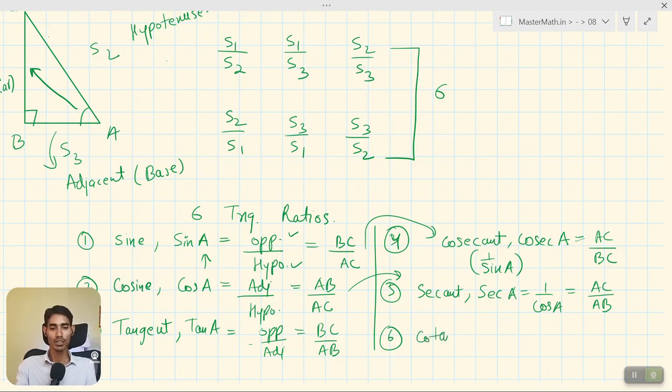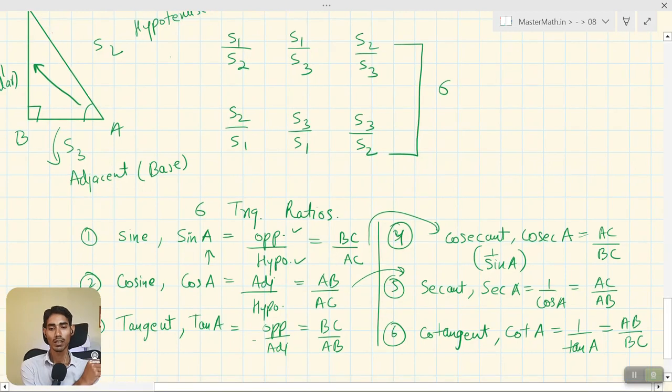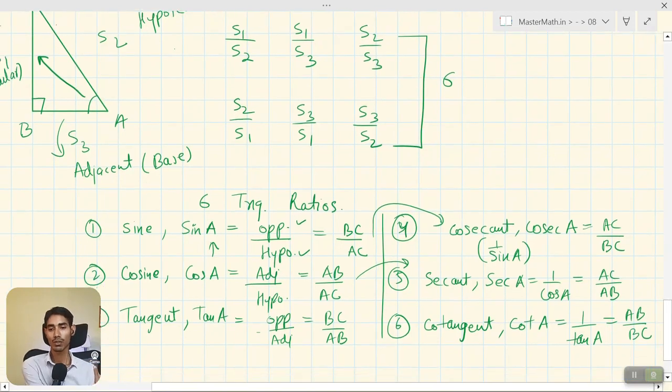And the last one is cotangent, written as cot in short, being the reciprocal of tan, which is going to be AB by BC. So these are the 6 trigonometric ratios. Please make note of this. We would be using this just now and for the rest of the chapter.